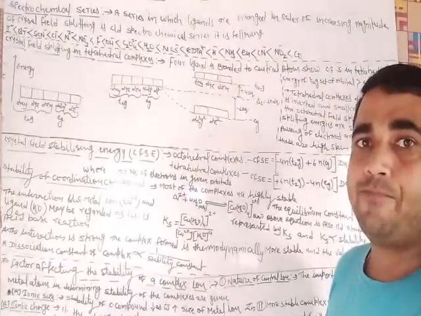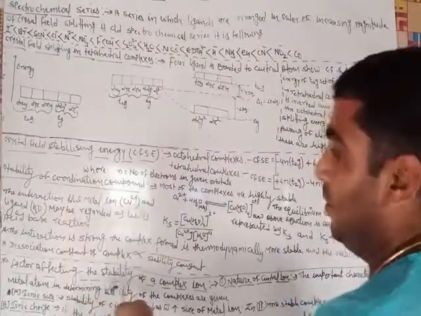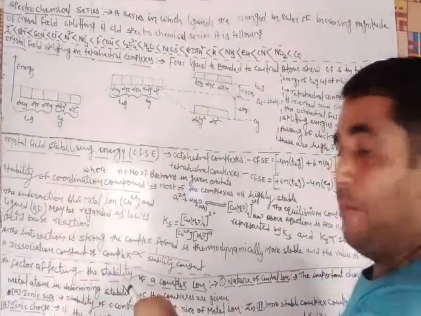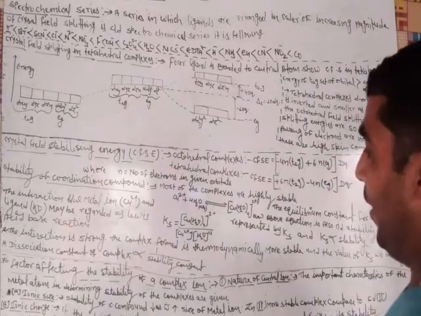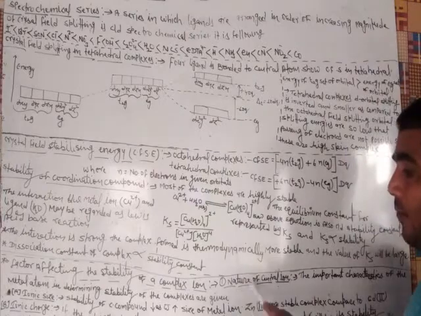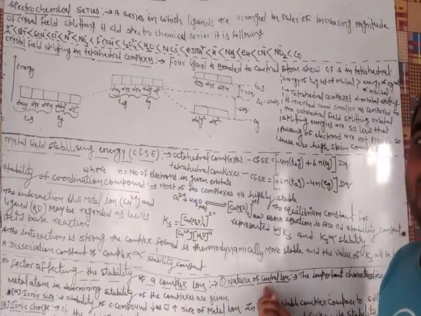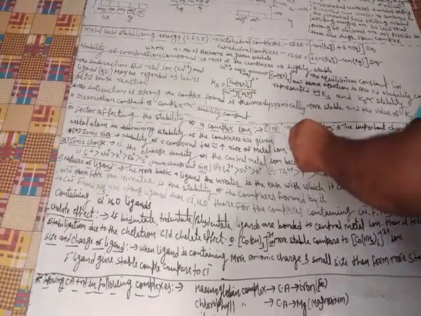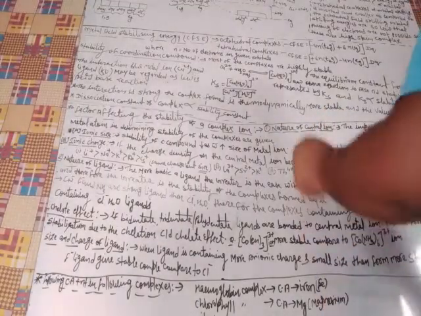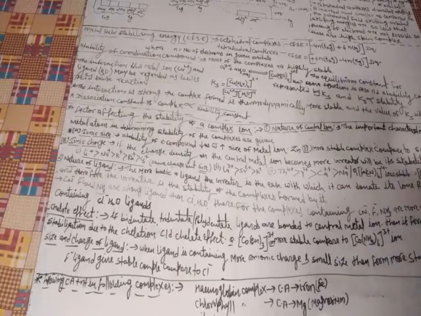Next point: factors affecting the stability of a complex ion. The first factor is the nature of the central ion.